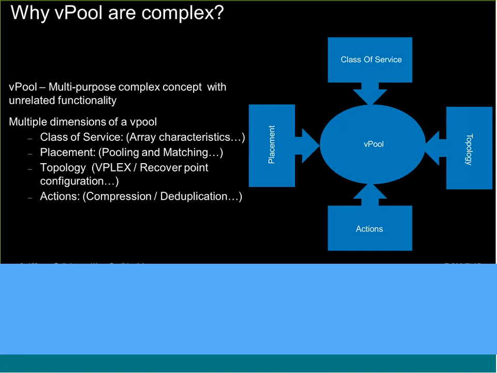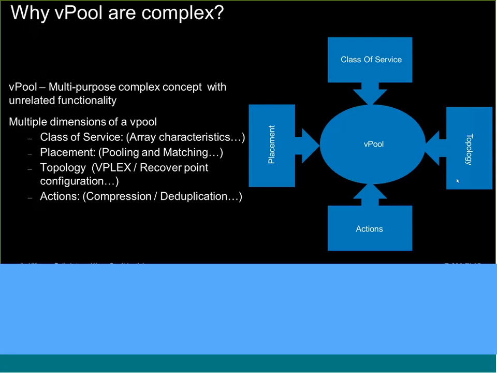The third part is related to topology. When we are doing a complex operation like a vPlex volume creation or RecoverPoint or something else, which needs a lot of related entity details and relationships, we call it topology, and it's also part of our vPool.